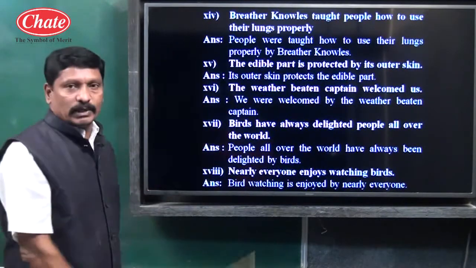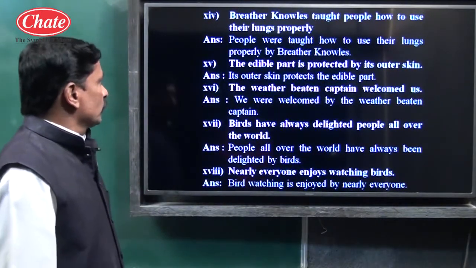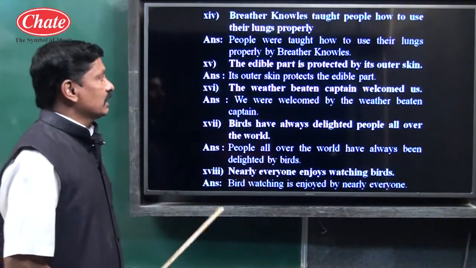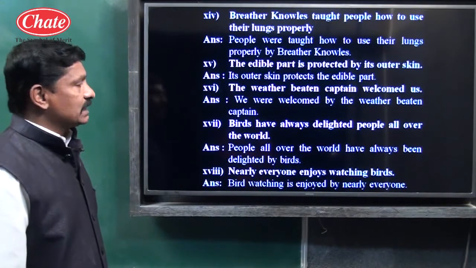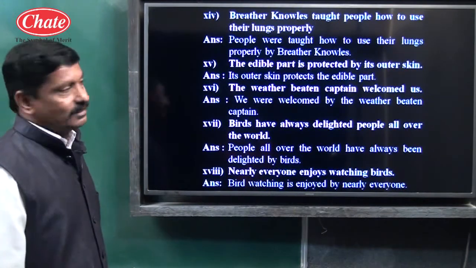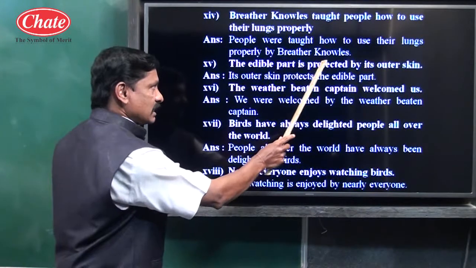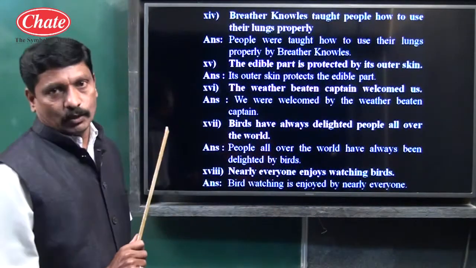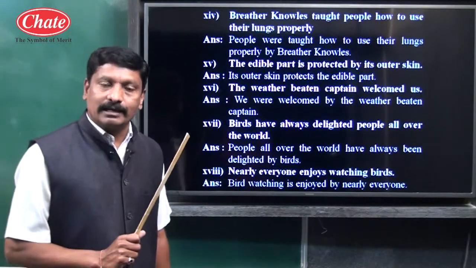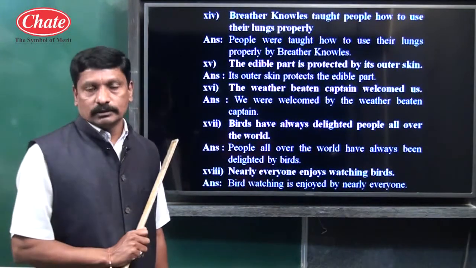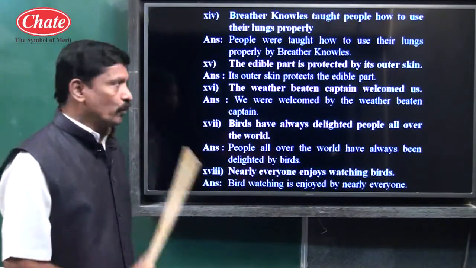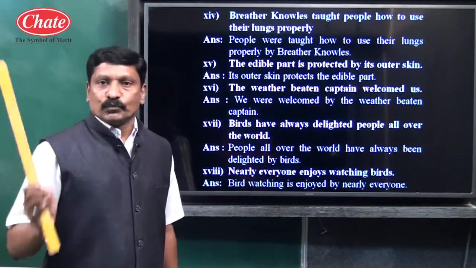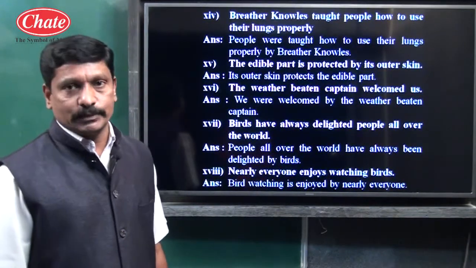Let us see example number 15. The edible part is protected by its outer skin. See children, is and protected. Is a form of to be. We know am, is, are, was, were. These are the forms of to be. And after this to be form, protected, that is the third form of verb, has been used.